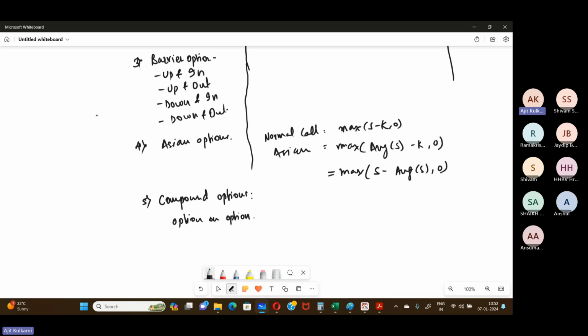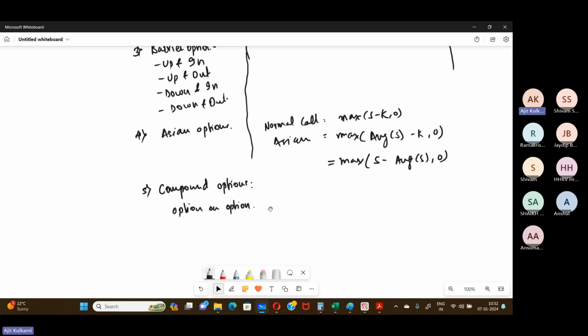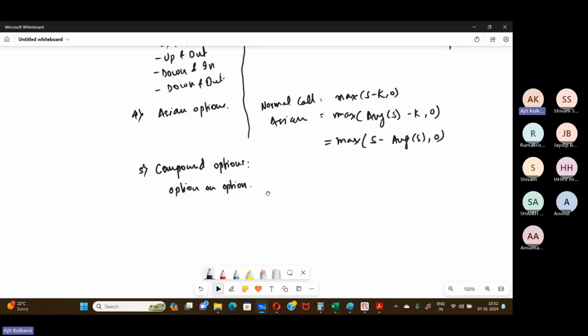At the expiry of the first option, you get a choice whether or not you want to buy the call option and all of that. So you enter into an option, the underlying of which itself is an option. The underlying starts 1 month from now, and the current option starts today. So when today's option expires, you get a choice whether or not you want to enter into the actual option. That is a compound option.